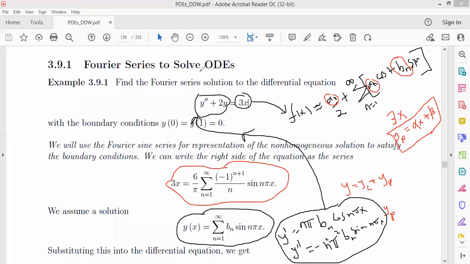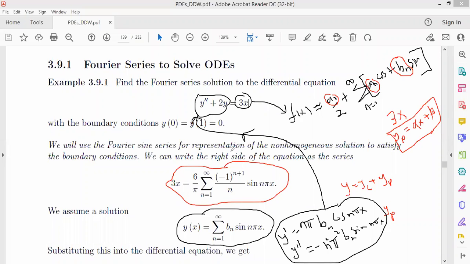And because fx is 3x, what is the approximation of fx in terms of a Fourier series expansion? We are talking of a Fourier series expansion. So fx, which is 3x, initialized at 0 and 1, will give this representation, the one enclosed in red.